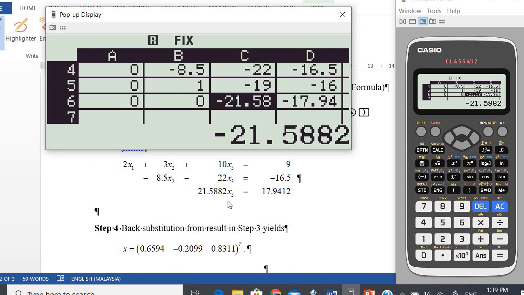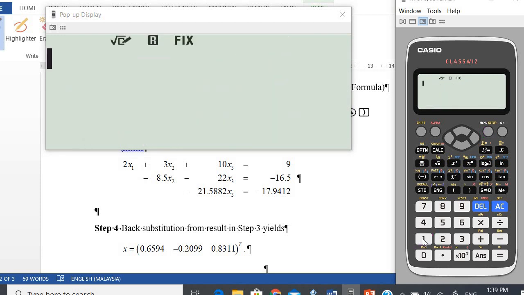And by using backward substitution, from the last row, negative 21.5882 x3 equals negative 17.9412. Hence, you may go back to the normal calculation menu to solve for x3.